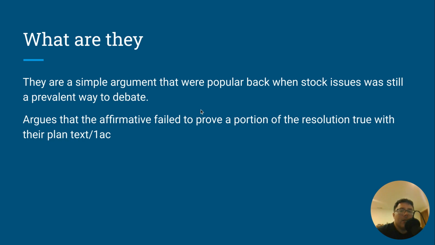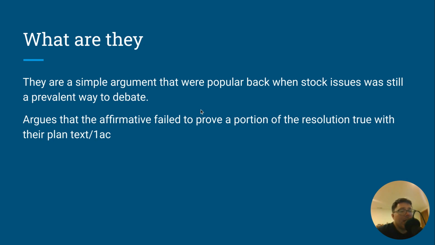The key here is that you are arguing on the negative that there is a burden placed upon the affirmative to prove those things true. So, right, topicality is about the prima facie understanding of whether it's topical or not, most of the time.